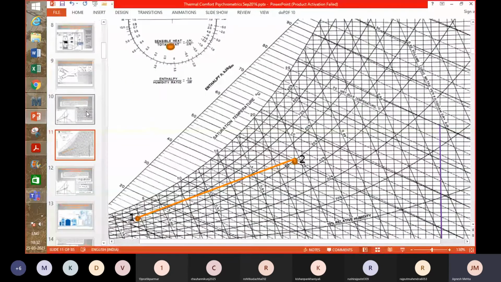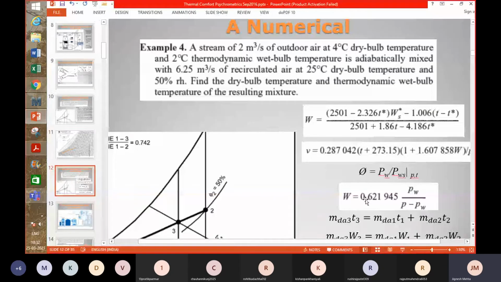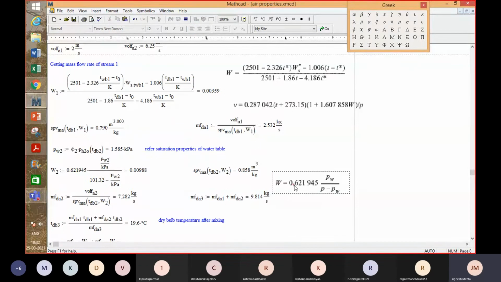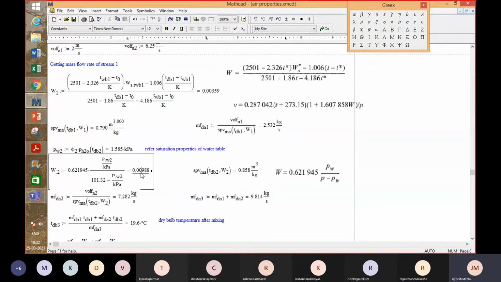You are familiar with this formula for W, 0.62198 times PW upon P minus PW, and you get the humidity ratio at point 2, which is close to 10 grams of water per kilogram of dry air.